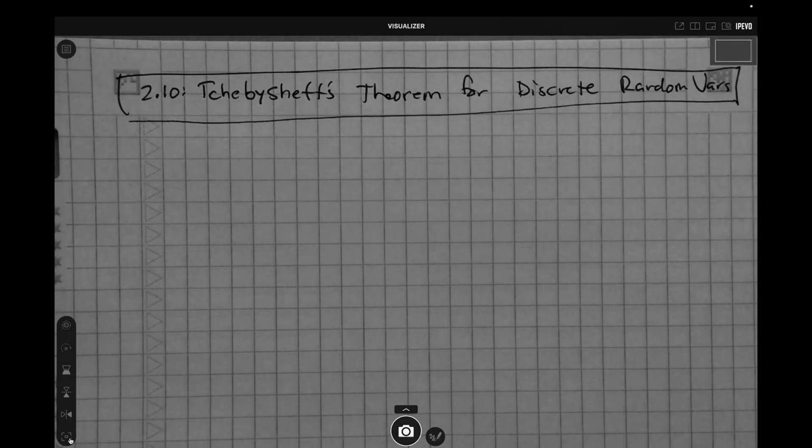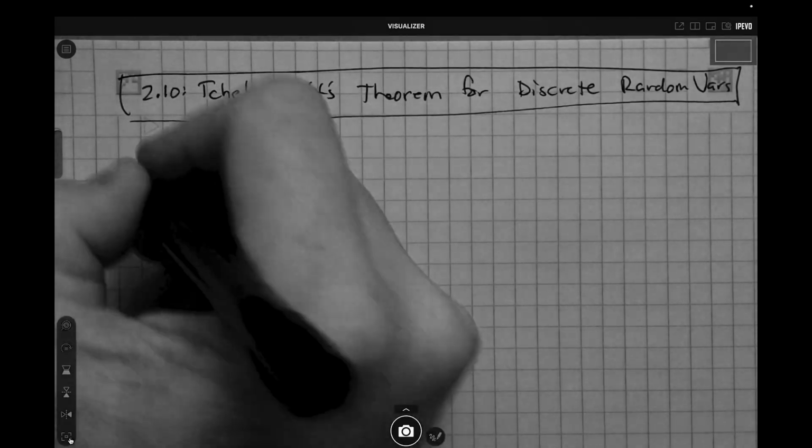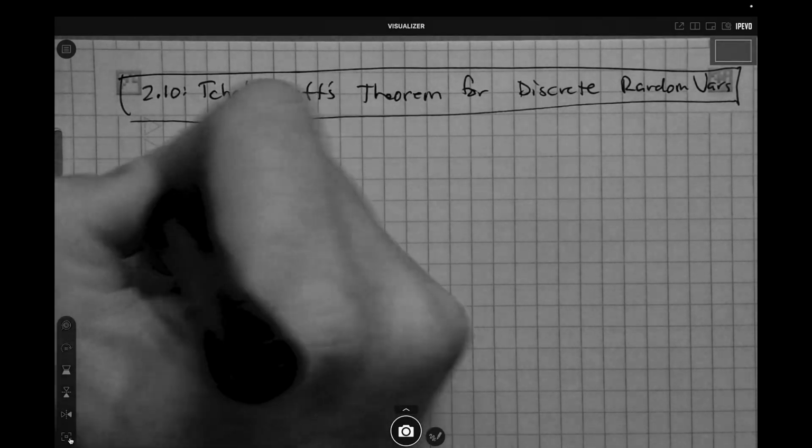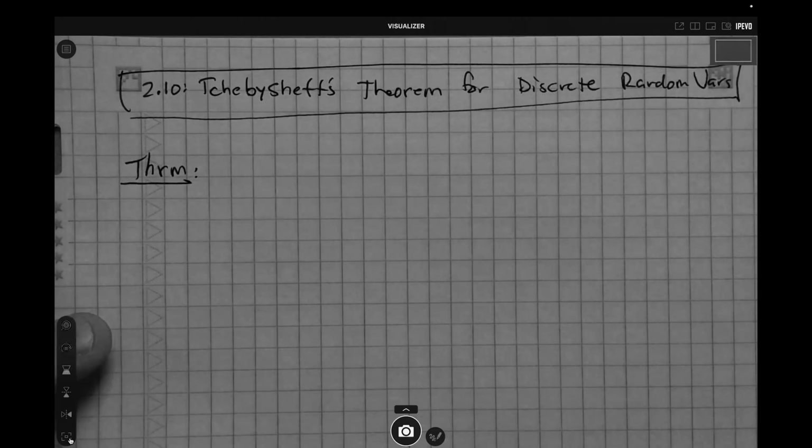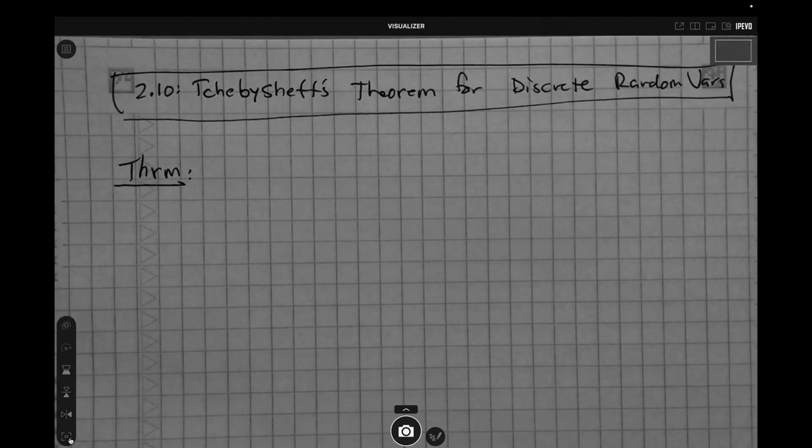So the idea behind this theorem is that it's basically used as a means for determining the lower bound for the probability that a random variable is going to fall within a certain interval. And so let's state the theorem, and then we'll go through some examples and talk it through.